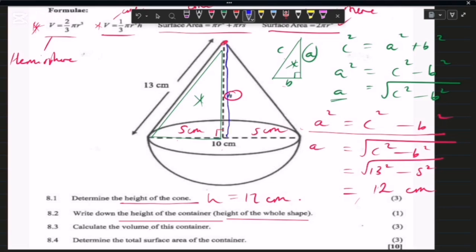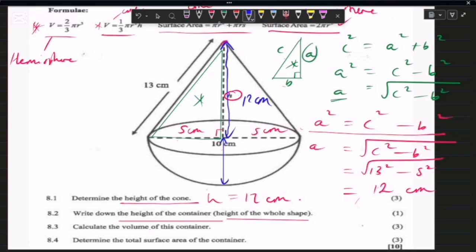So basically it is this distance. This is the 12 centimeters, and then the complete height has to be the 12 centimeters plus the distance from there to the bottom part of the hemisphere.